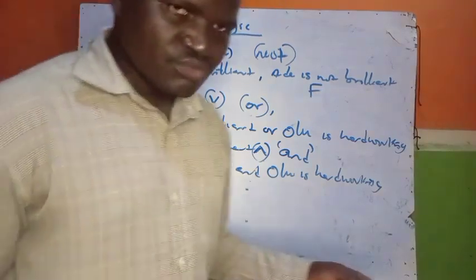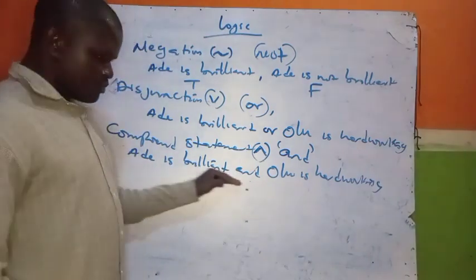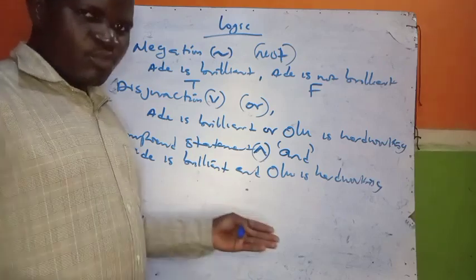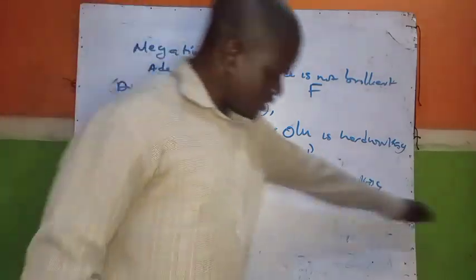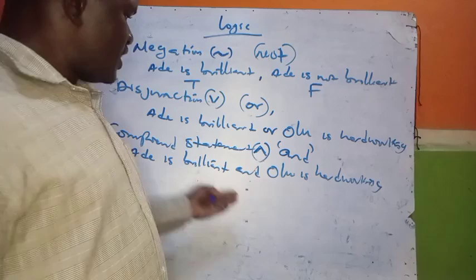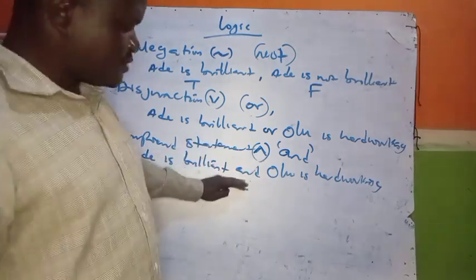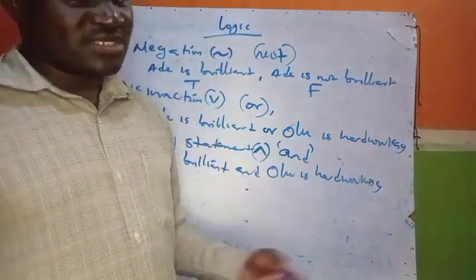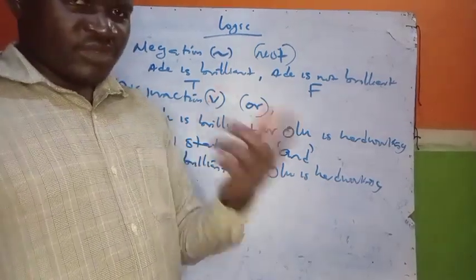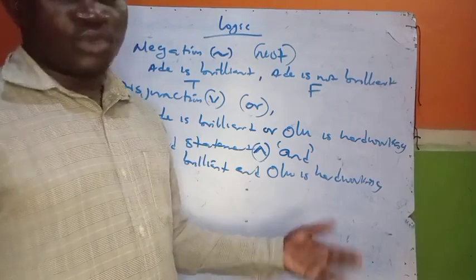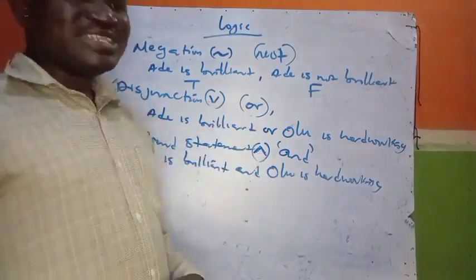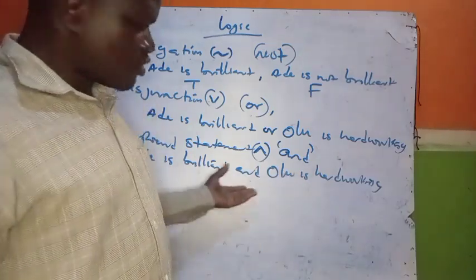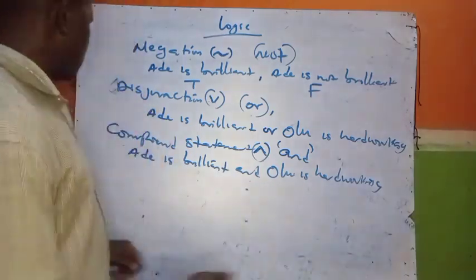The statement can only be true if both substatements are true. If both of them are true, then the statement will be true. Otherwise, it's going to be false, if either of them is false, or both of them. You need this when you are going to do truth tables, because that's a component of truth tables.